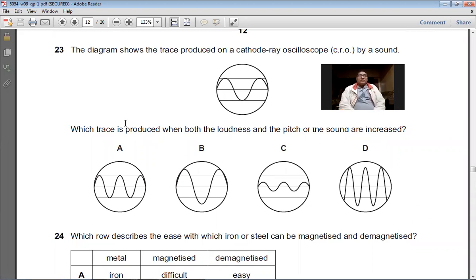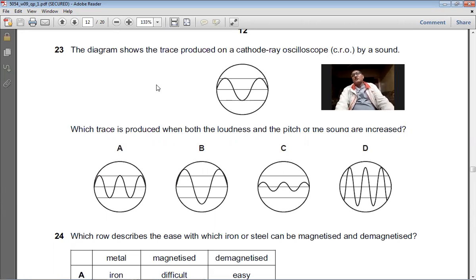The diagram shows the trace produced on a cathode ray oscilloscope by a sound. Which trace is produced when both the loudness and the pitch of the sound are increased? You can see that here on the display, we have 1.5 complete waves. And the amplitude, from the mean position to the top point or from the mean position to the bottom point, is just 1 square.